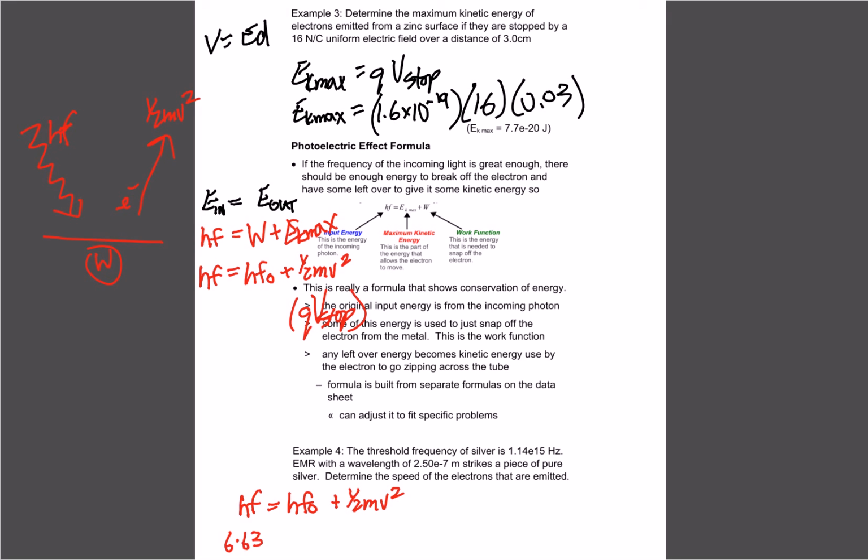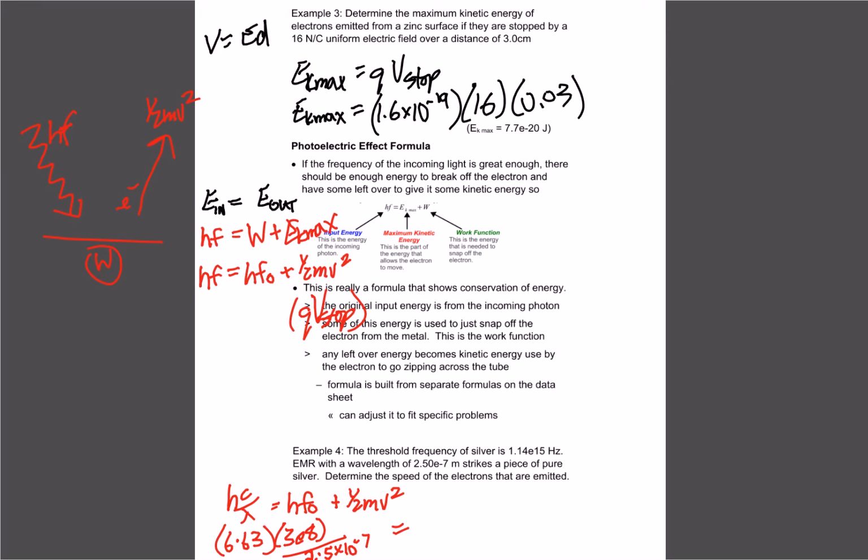So 6.63 for our H. Our frequency in this case, they give us wavelengths, so we're actually going to have to use HC over lambda instead. So we'll have HC over lambda, so we have 6.63 times our 3 to the 8th, and we divide that by 2.5 to the -7.